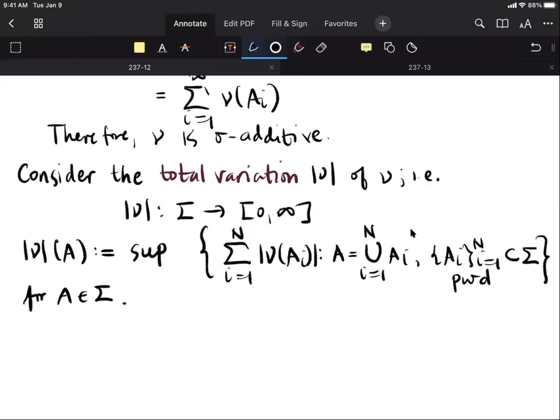So this is the definition of your total variation measure with respect to the signed measure nu.